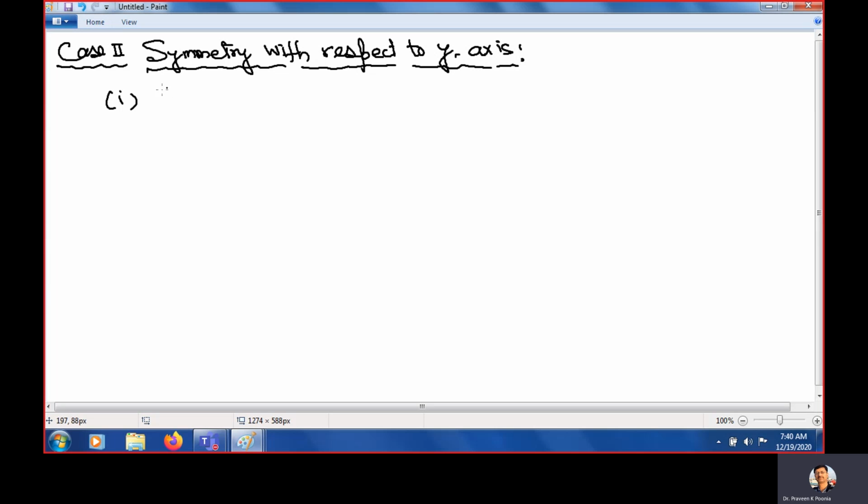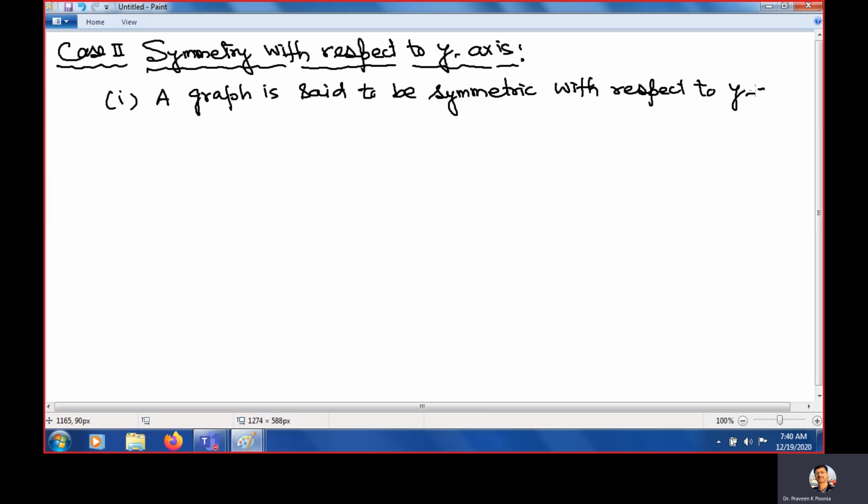A graph is said to be symmetric with respect to the y-axis if (x, y) and (-x, y) points are on the graph.